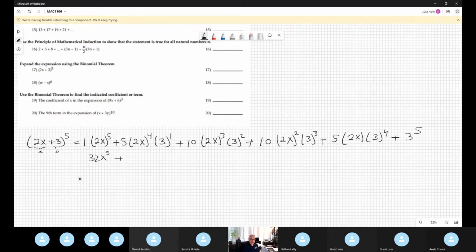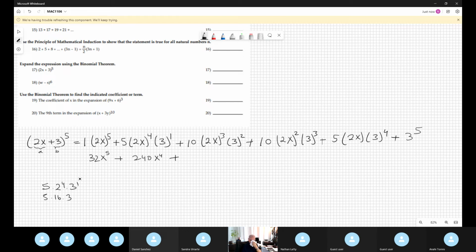And 80 times 3 is 240. 240. Do you understand where I come from 240? What's the multiplication? 5 times 2 to the 4th power times 3 to the 1 power. This is 5 times 16 times 3. 240 x to the 4th power, the variable is to the 4th power.